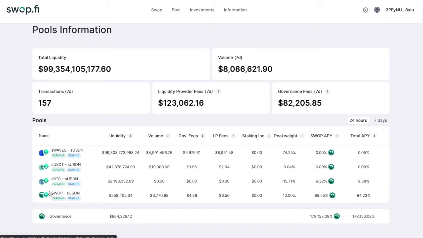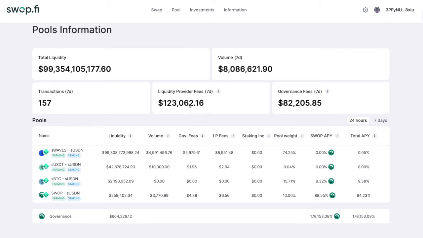It will buy back Swap tokens from this pool, but not more than 0.12% per day of the whole liquidity of the pool. So we can say that these governance fees go to improve the Swap token performance. In other words, to increase its price.